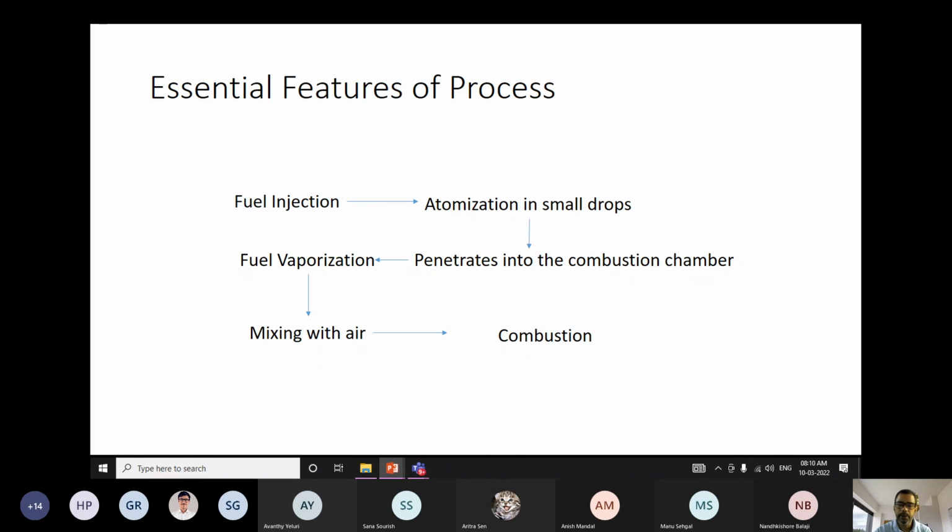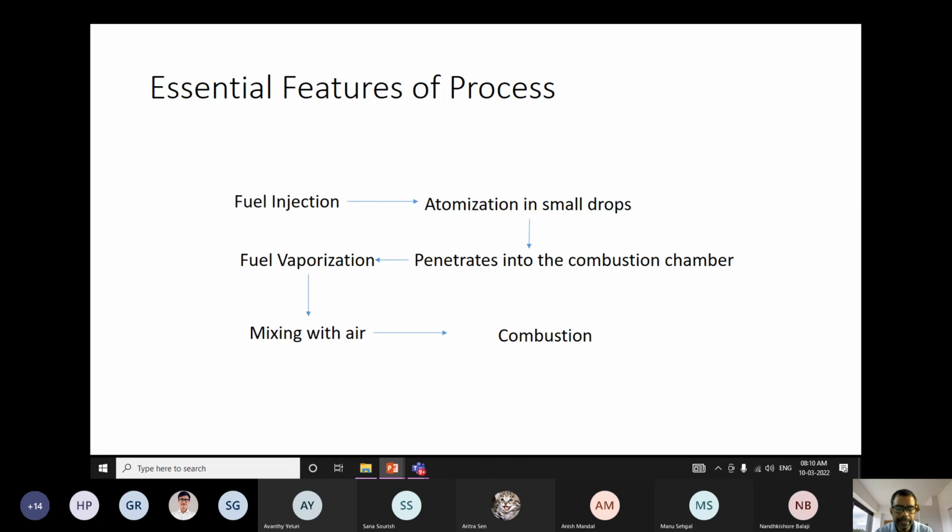Once the penetration is optimized and the fuel travels across the combustion chamber, the fuel droplets absorb heat and vaporize. Once vaporized, the fuel mixes with the air and forms a combustible mixture.